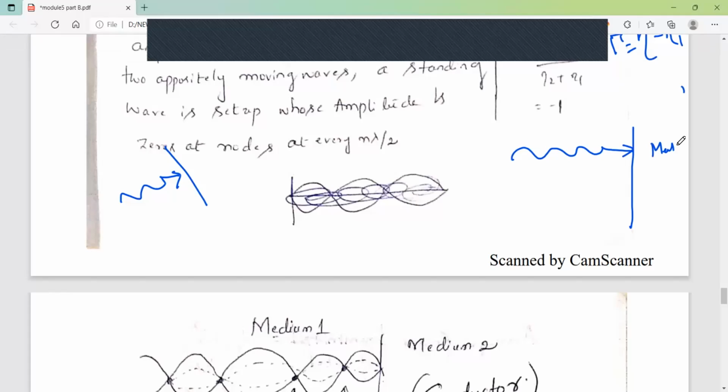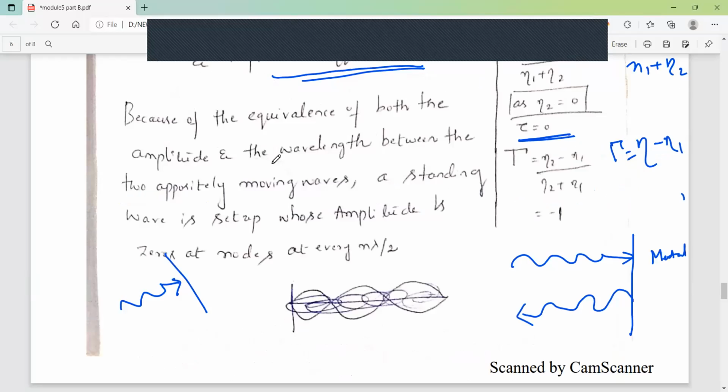Here we have metal. So it will be completely reflected back, so that this wave is reflected back and interacts with the crest and trough of the incident wave. So what will happen, because the amplitude and wavelength of both the waves are exactly the same.